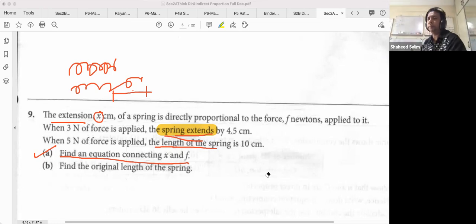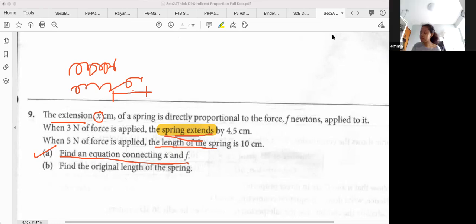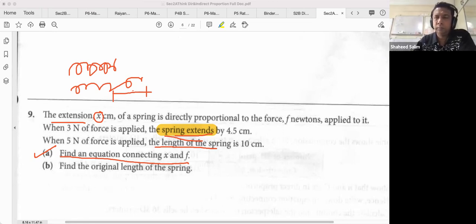Do you get 3K equals to 4.5? Or 4.5 equals to 3K? Do you get it? Yeah. So can you find what's K?